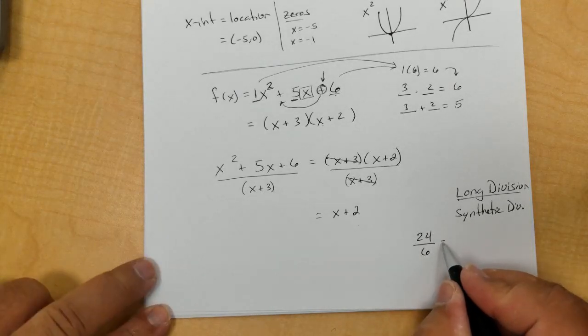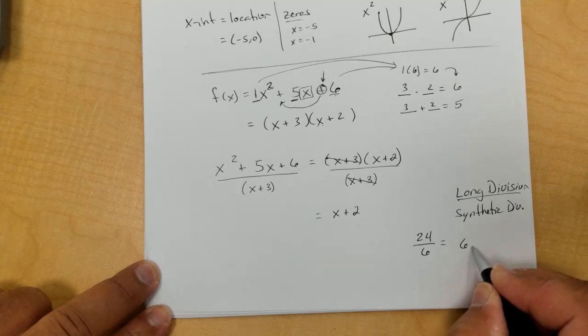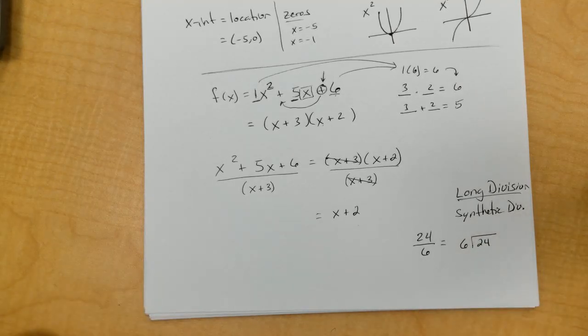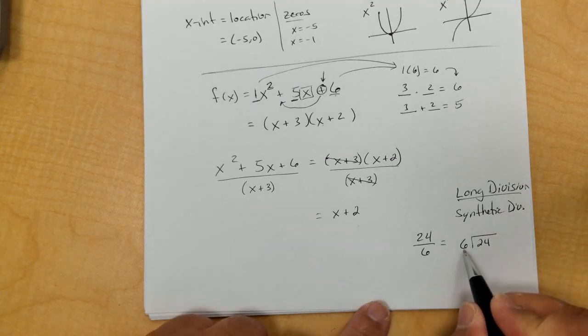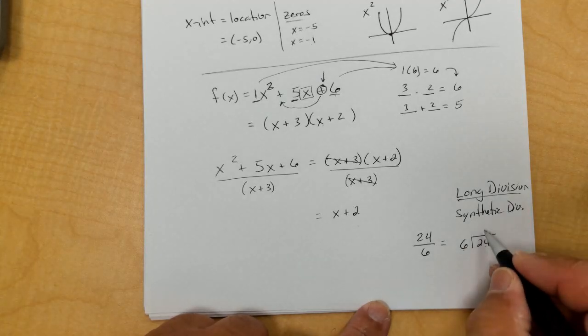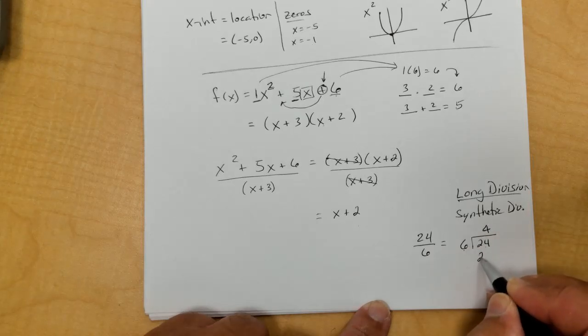24 divided by 6. With that, we can rewrite that as 6 goes into 24. How many times does 6 go into 24? 4 times 6 is 24.